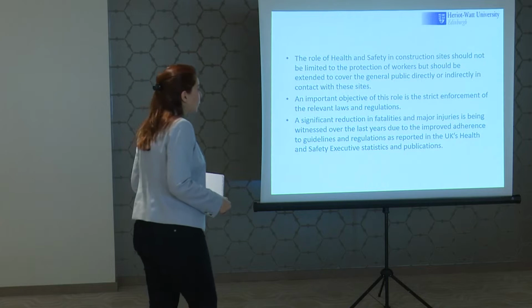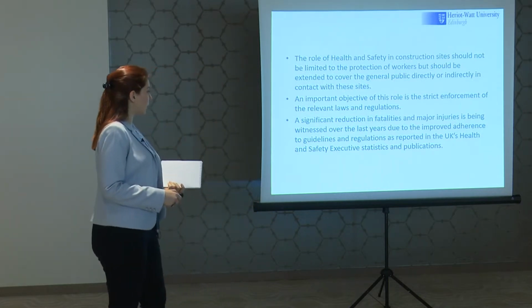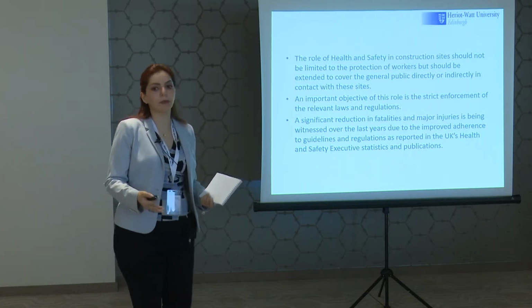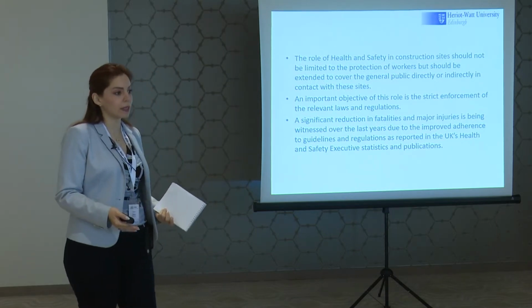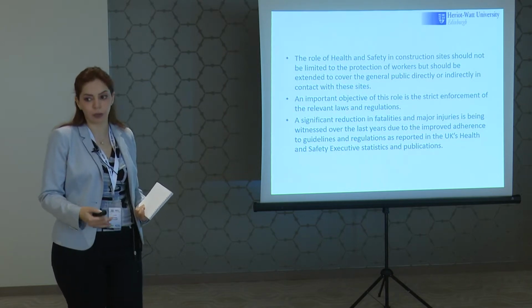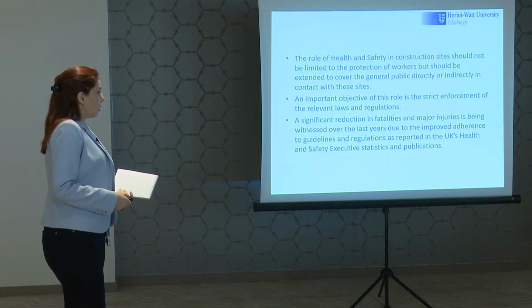An important objective of this role is the strict enforcement of the relevant laws and regulations. The regulations exist, but are not always followed 100%. That's why we have some accidents. Although, the regulations themselves need to be reviewed frequently, and it depends on the activity itself.